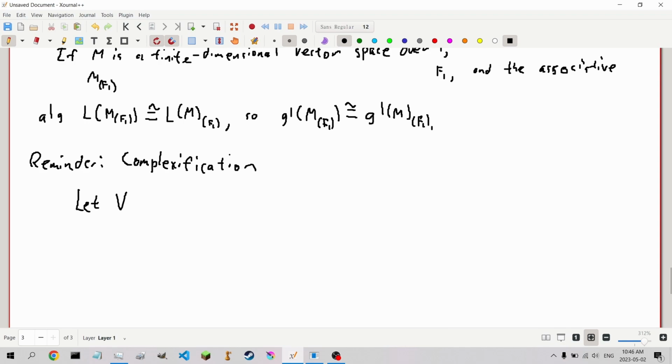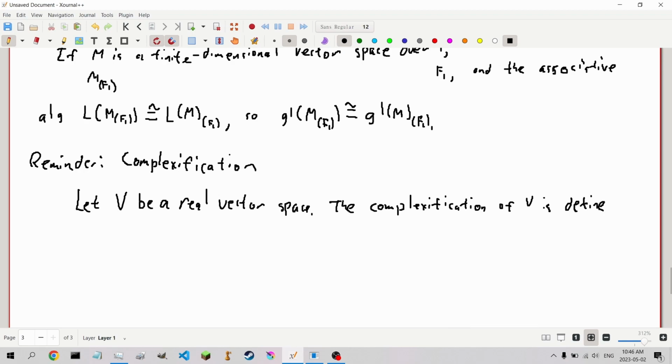So let V be a real vector space. The complexification of V is defined, and they write it here as the exponent, it looks like.